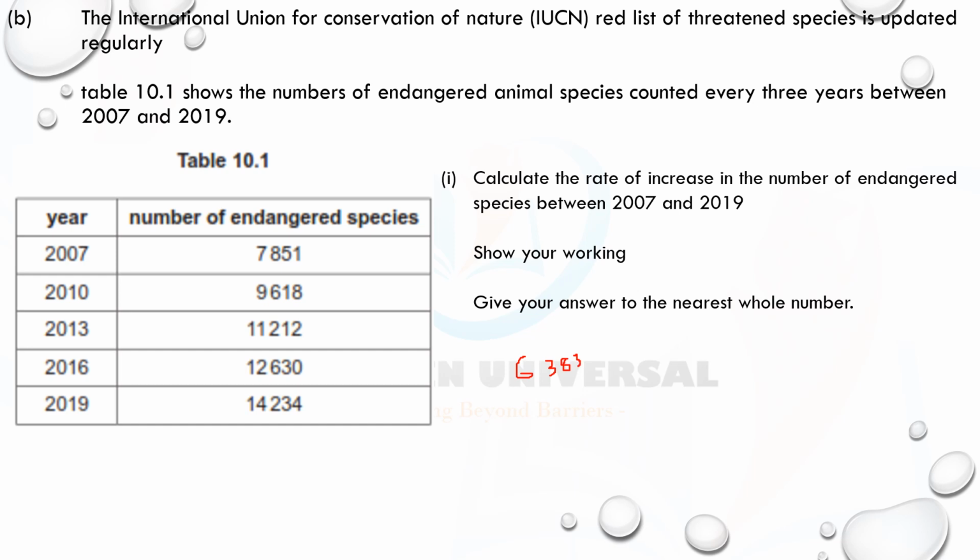Good. Right, that's the increase. But they say we should find the rate of increase. Rate includes time. Now remember, it takes how many years from 2007 to 2019? 19 minus 7 is 12 years. So rate is the number in 1 year. So you divide this by 12 years.